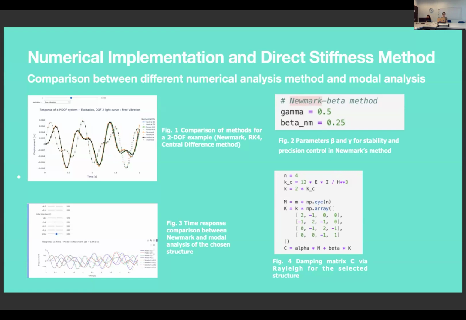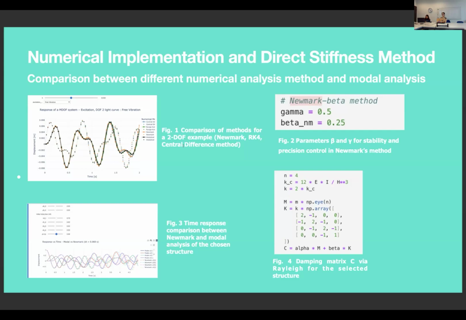So first, for the numerical implementation, I proceeded to a comparison between different numerical analysis methods. But for this part, it will be just on a simple case like a 2 degrees of freedom system. So I had to compare different analysis methods like the Newmark method, Runge-Kutta, and the central difference method.